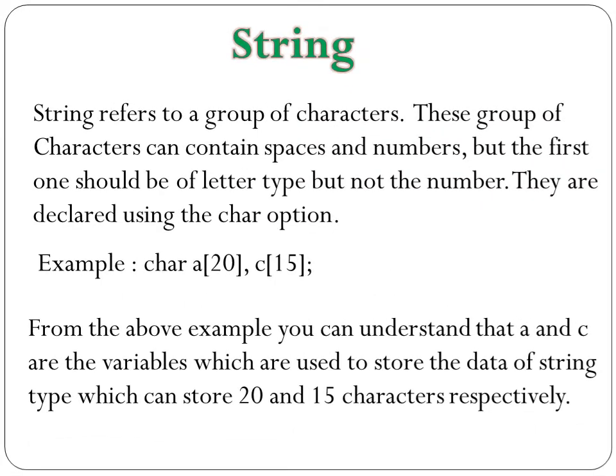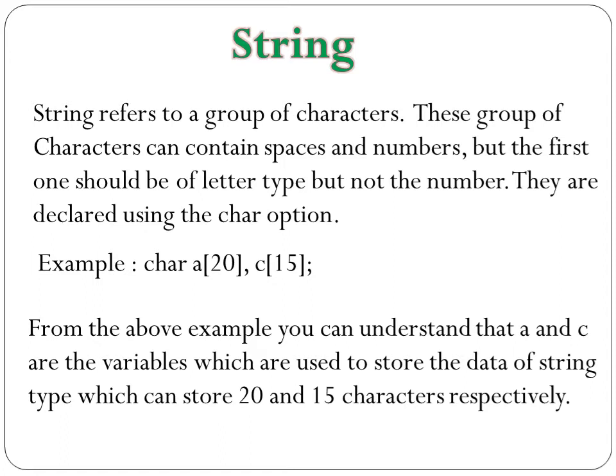A group of characters is called a string. String data type is a part of text type of data. These groups of characters can contain spaces and numbers also, but the first character should be of letter type but not a number. These string data types are declared using the char option only.